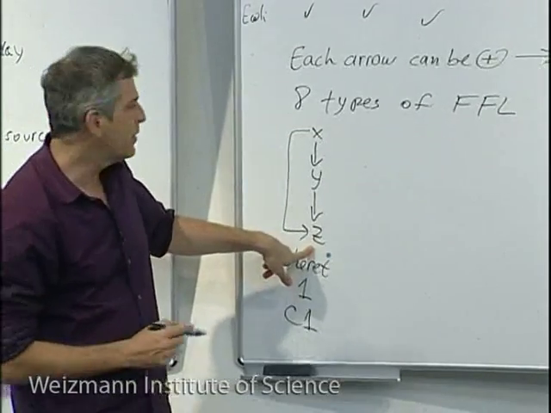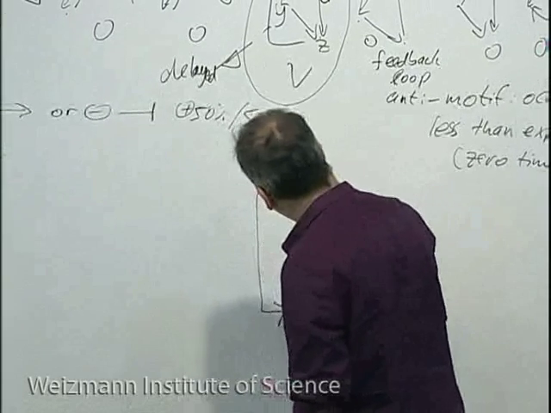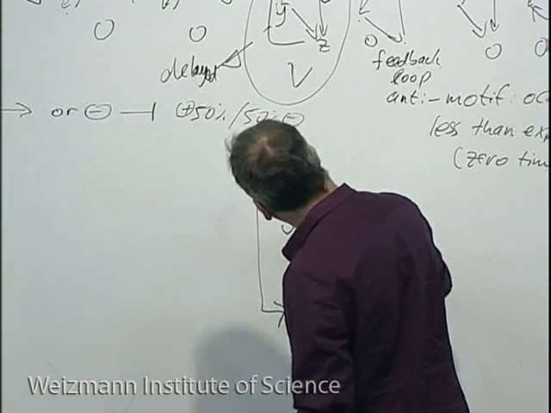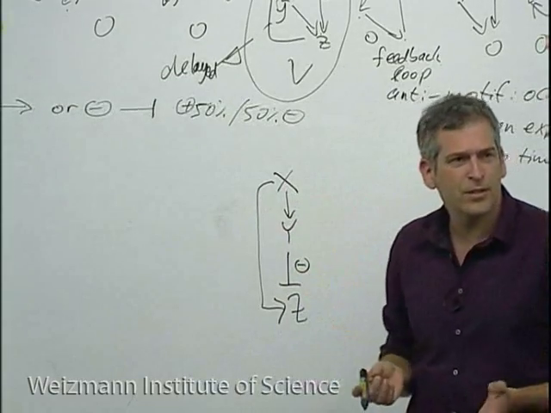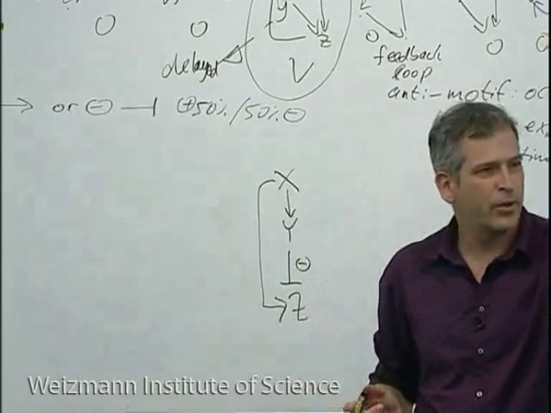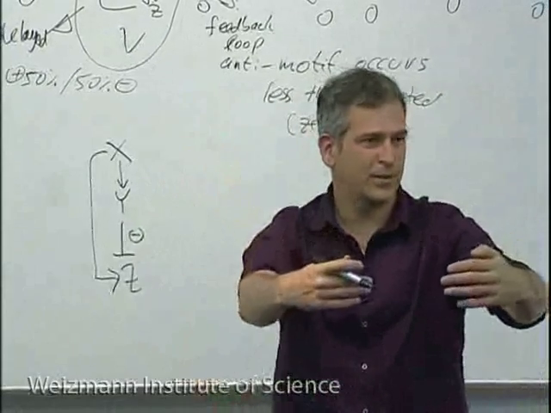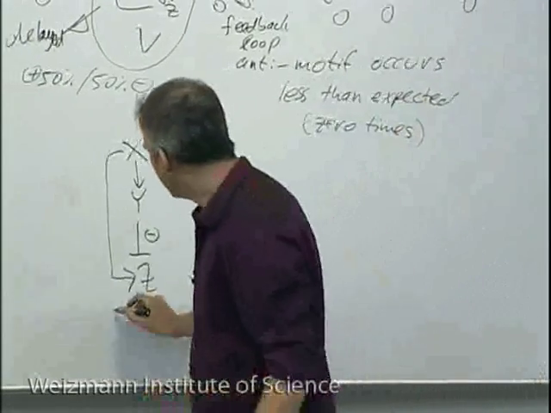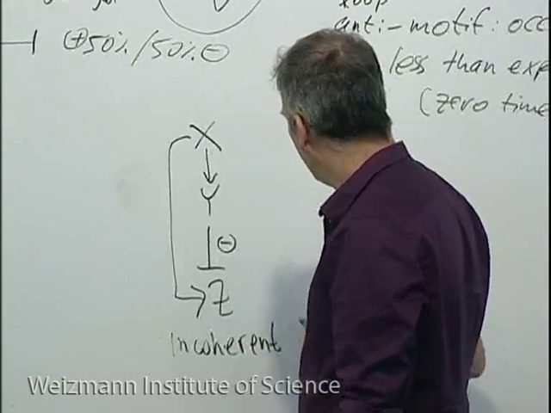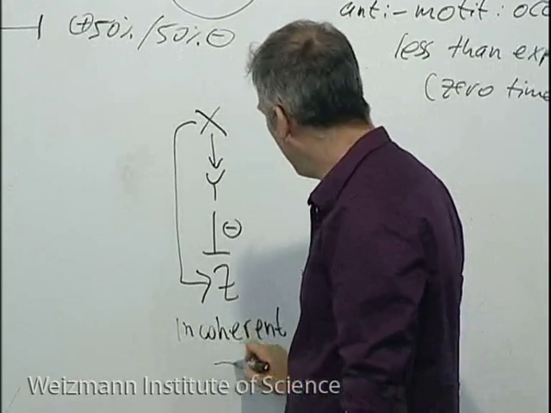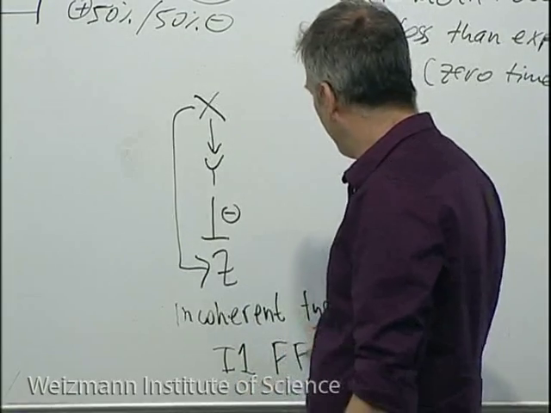On the other hand, we can have a situation where X activates Z and activates a repressor of Z. This is a repressor. So here it's strange. It's activating with one hand and activating a repressor, which is actually inhibiting, with the other hand. This is why we call this an incoherent type 1 feed-forward loop, I1 FFL.